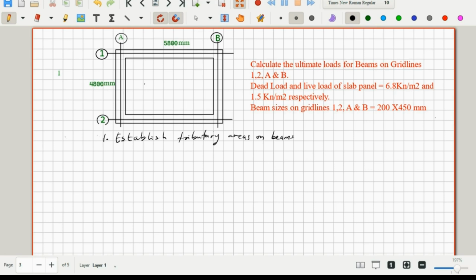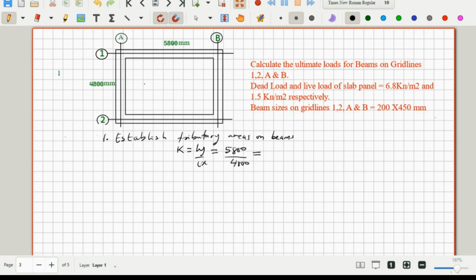Right, so in order to determine the tributary area on the beams, we would have to check our K, and our K is given as the ratio of our Ly to Lx. And in this case, our Ly, which is the long span, is given as 5,800 mm. Lx is 4,800 mm.